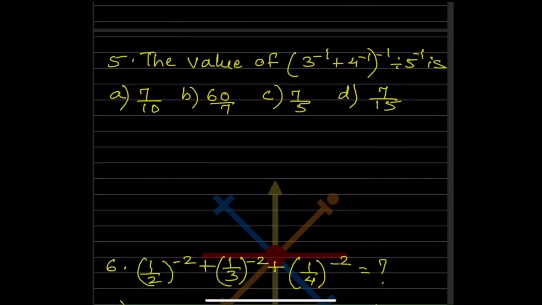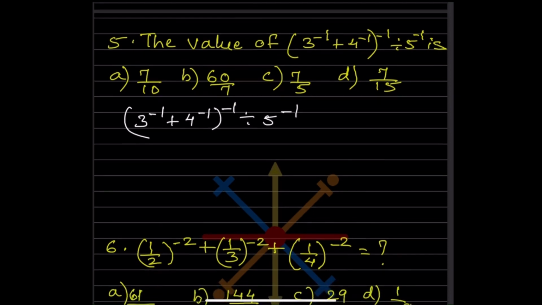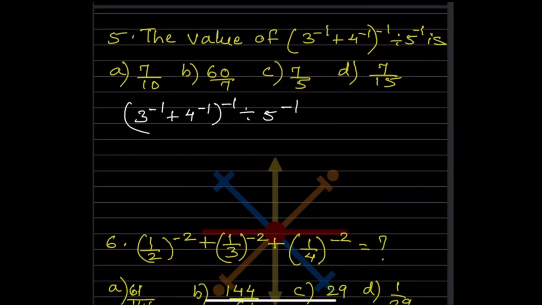Now we have to find the value of 3 raised to minus 1 plus 4 raised to minus 1, and all of this raised to minus 1, divided by 5 raised to minus 1. So what you can do first, we can write this first: 1 by 3 plus 1 by 4, raised to minus 1, and this is 1 by 5. So now you can take the LCM here. What is the LCM here?